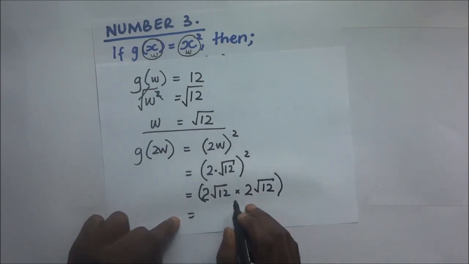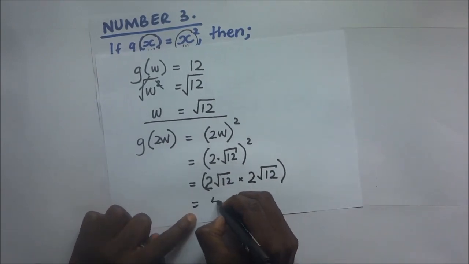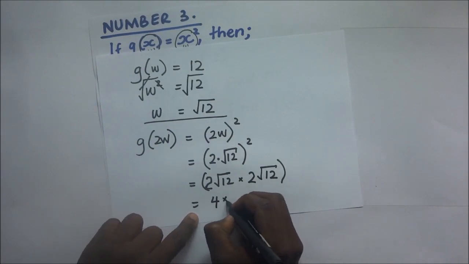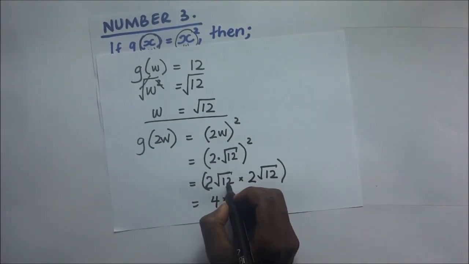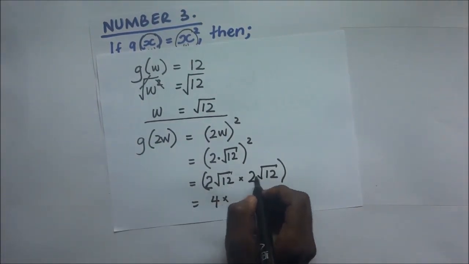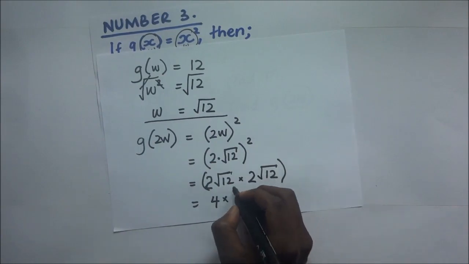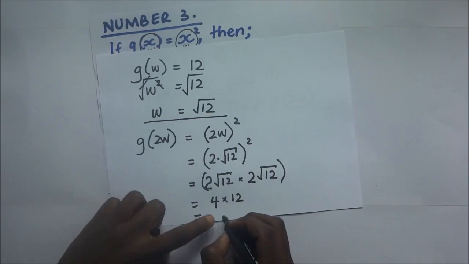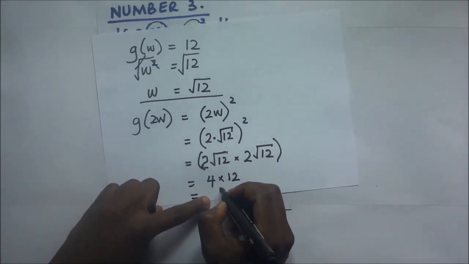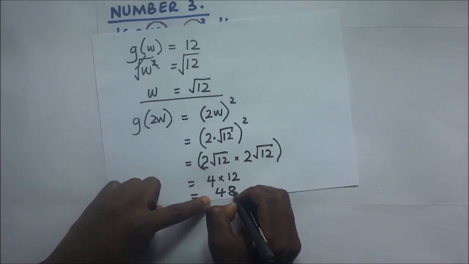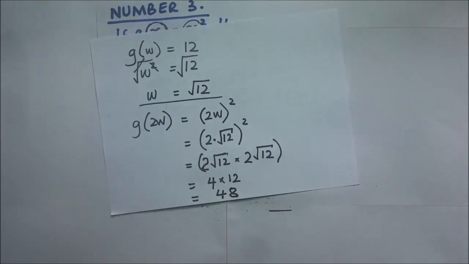So 2 times 2 is 4, times, of course, the square root of a number times the square root of the number gives you that very number. So this is going to remain times 12. And 4 times 12 gives us 48. And that is our answer.